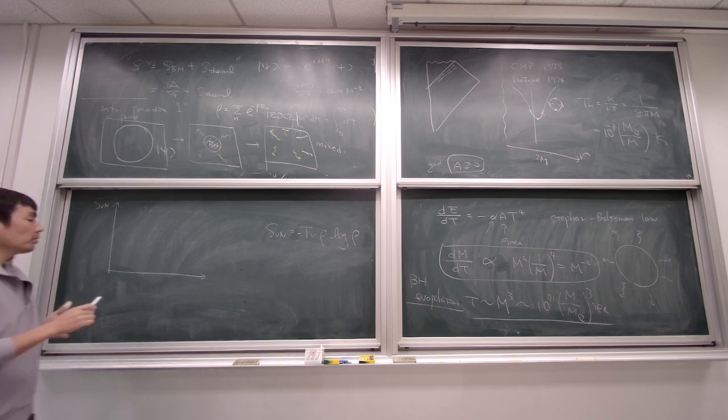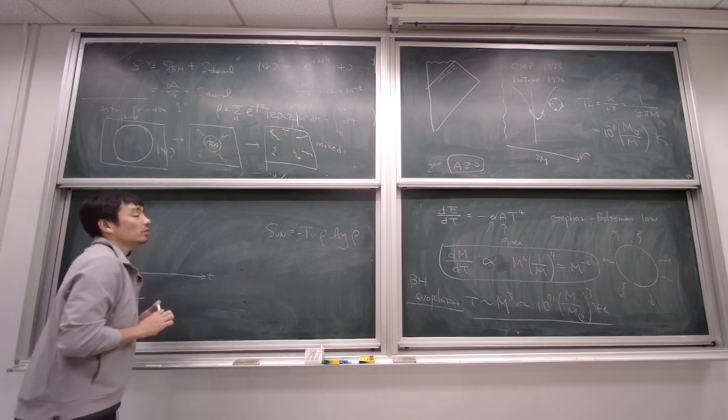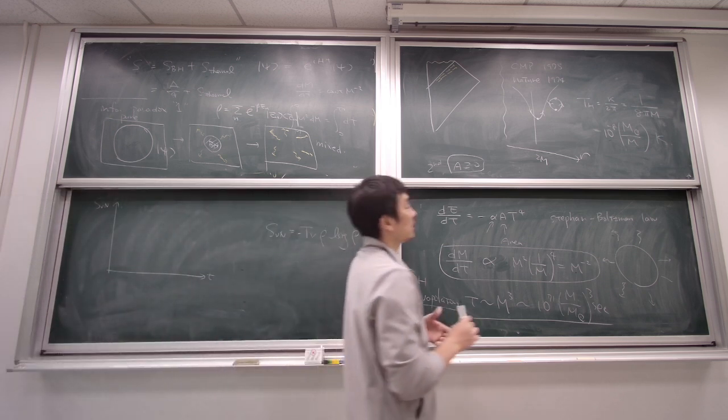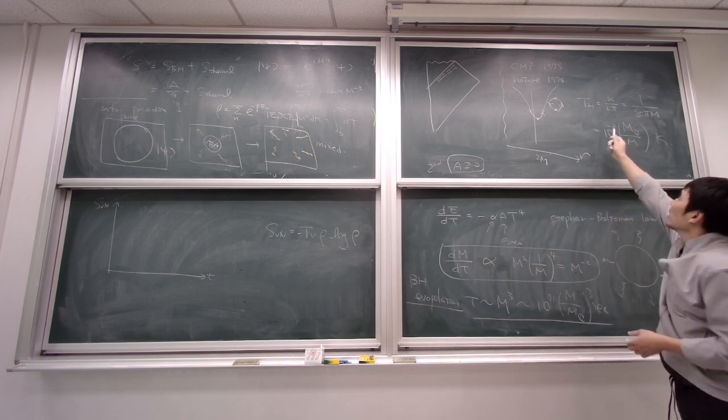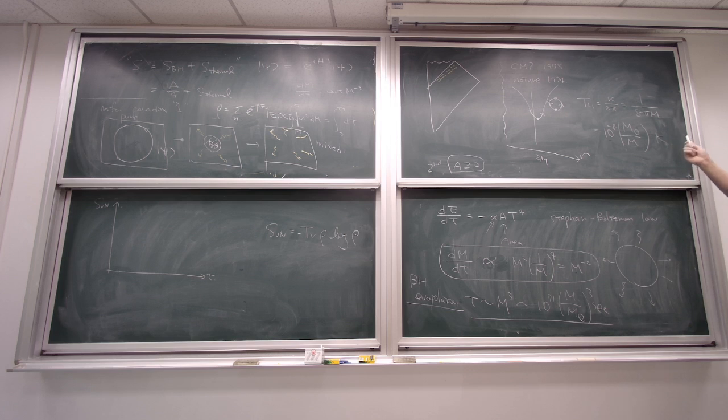And there is time here. As you know, T is inversely proportional to the black hole mass. Therefore, the bigger black hole is the cooler black hole. But once you do the evaporation, the black hole becomes smaller and smaller, the mass becomes smaller, so the black hole becomes hotter and hotter.